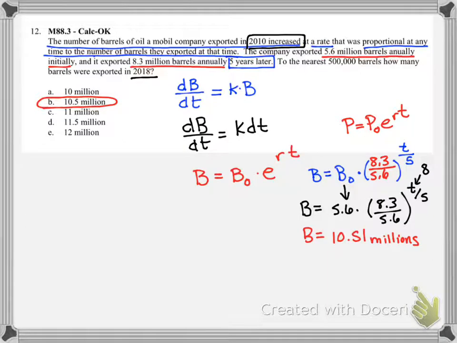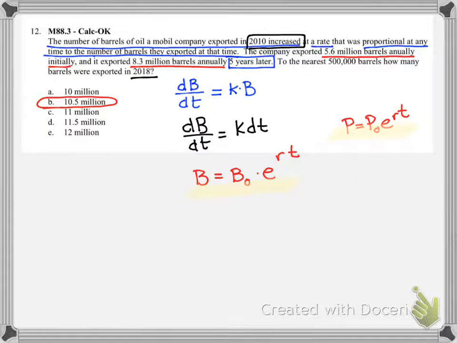But let's take a look at what it would look like to do it using Pert here, and that's our equation here. To use Pert, or in our case BERT, for barrels, we've got 8.3 million barrels.